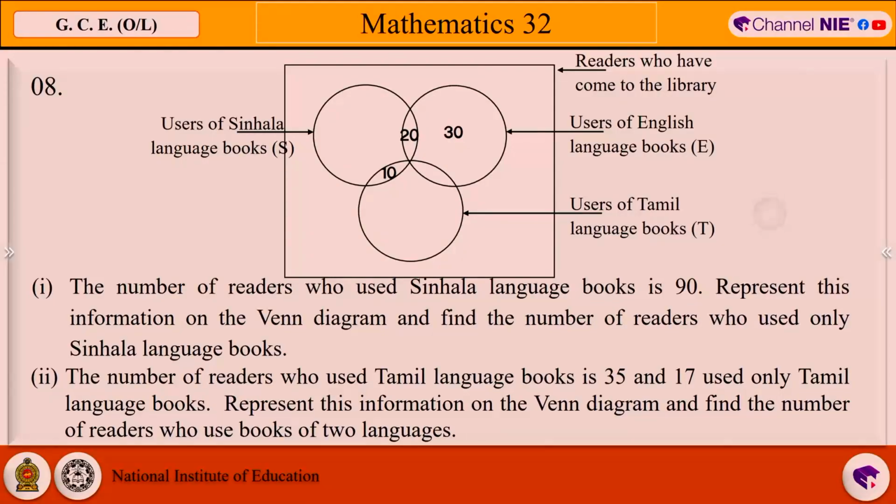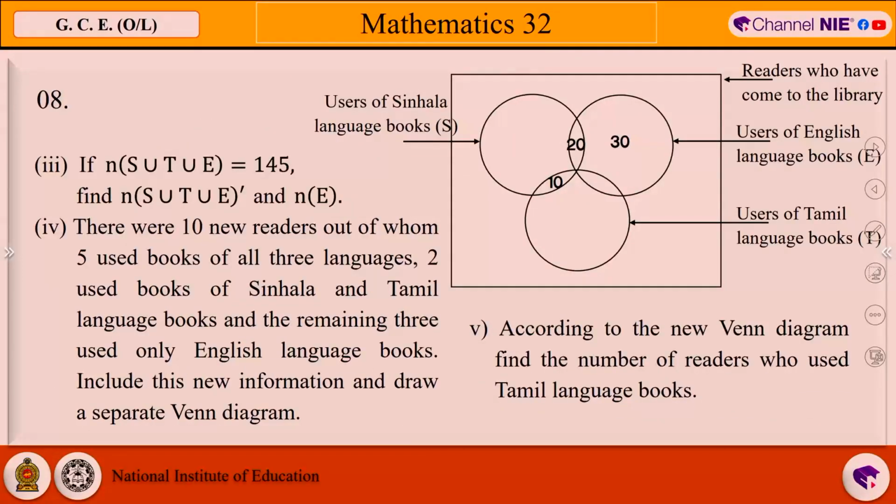You have another part, which is if n(S union T union E) equals 145, you have to find n of the complement of S union T union E, and the number of elements in E, the set E. There is another part of that problem, which is the fourth part.